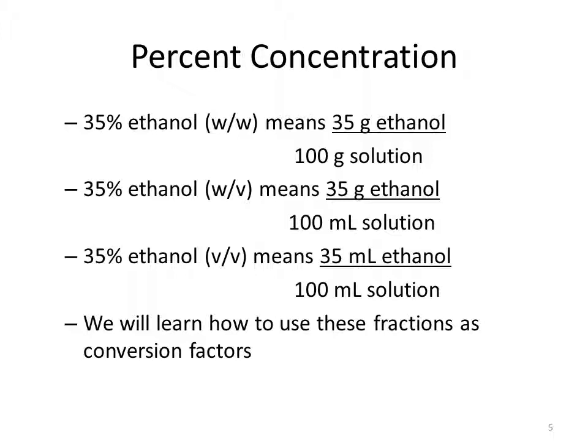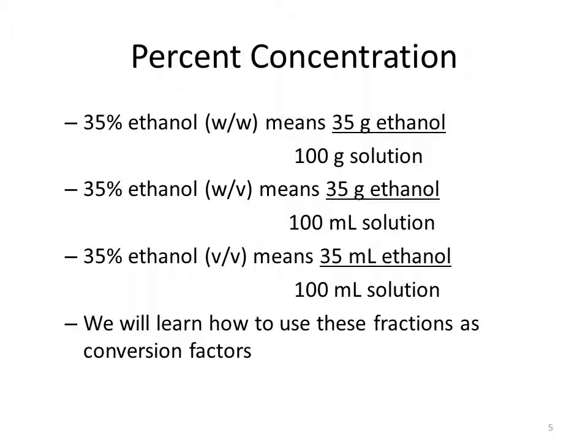Usually water is what we're talking about. 35% ethanol weight per volume means we take 35 grams of ethanol and we add water until we have 100 milliliters of solution. If we say 35% ethanol volume for volume, that means 35 milliliters of ethanol per 100 milliliters of solution. And to make that up, we take 35 milliliters of ethanol and add water until we have 100 milliliters of solution.